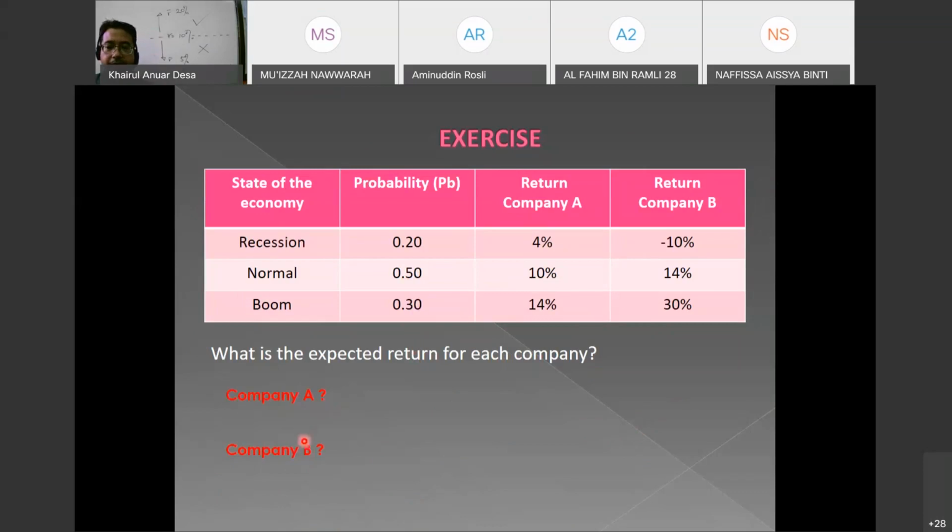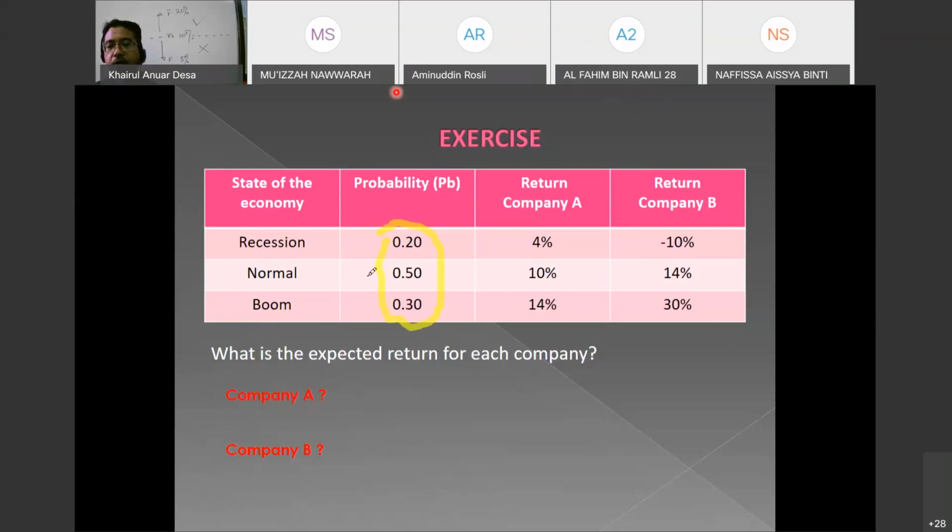Boleh tolong kirakan saya berapa expected return untuk company A and berapa expected return for company B? What is the expected return for A and what is the expected return for B? Here, kalau you perasan, this question uses decimal points for probability. The total of the decimal points here is 1.0.